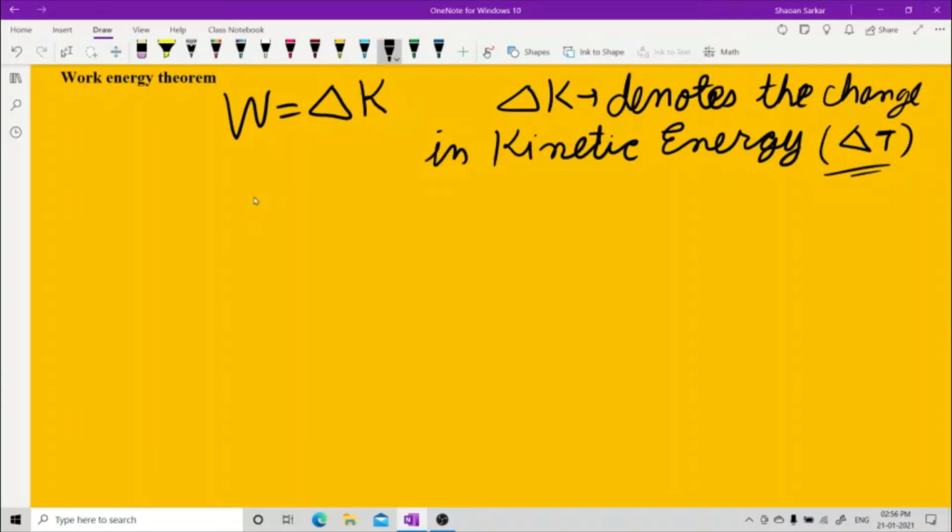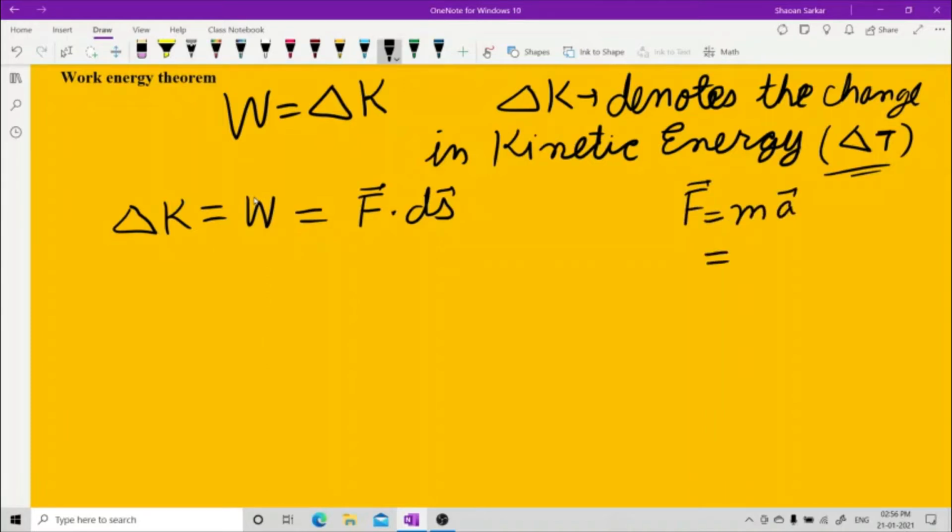Now we know that we can write this expression as delta K is equal to W, that is nothing but F dot ds. Now, F we already know is equal to MA, where A is dV dt.